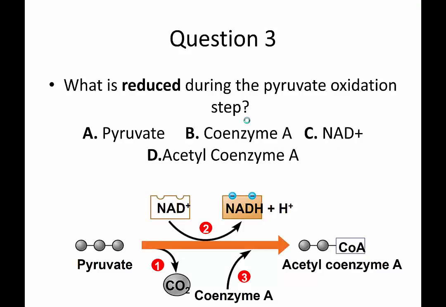But before we go there, here's question 3 for Blackboard. So what is reduced during the pyruvate oxidation step? A, pyruvate, B, coenzyme A, C, NAD+, or D, acetyl coenzyme A? So in this question, you're looking for something that's reduced. So it's important to remember, Leo the lion goes Ger.